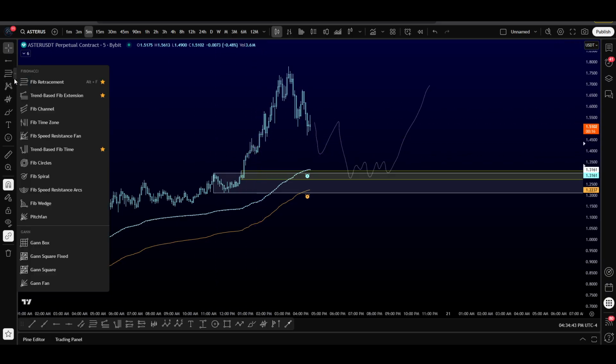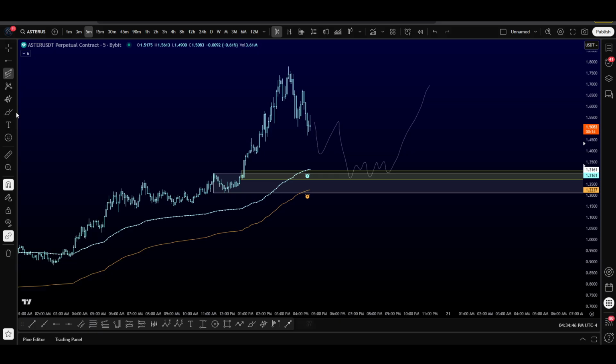So if we take this rectangle tool, let's go to this purple. You'll see right here was a demand zone, and you can tell because what did price do? Made a low, exploded out, created a new high, came back, retested this zone before making another high, right?